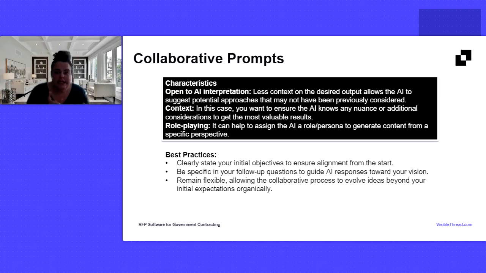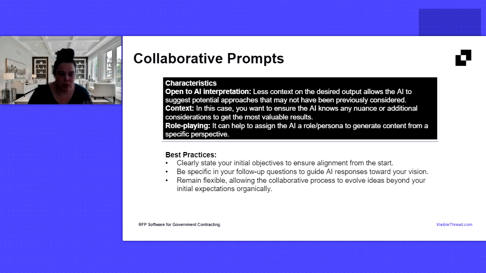It can help in this situation to do a role or persona and generate content from a specific perspective. To use this effectively, you want to clearly state your objectives and ensure alignment. Think about this again if we're thinking about a manual process, or how you would do this with just somebody else on your team.